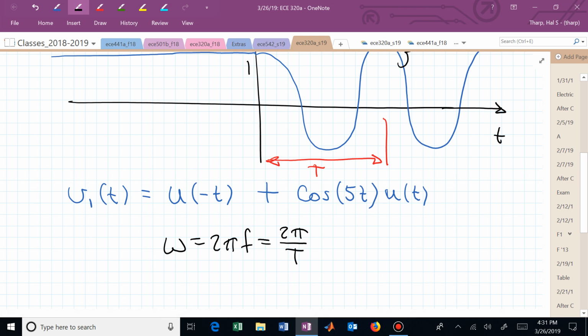In this case, if we know omega, you could now solve for T. T would now be 2 pi over omega.